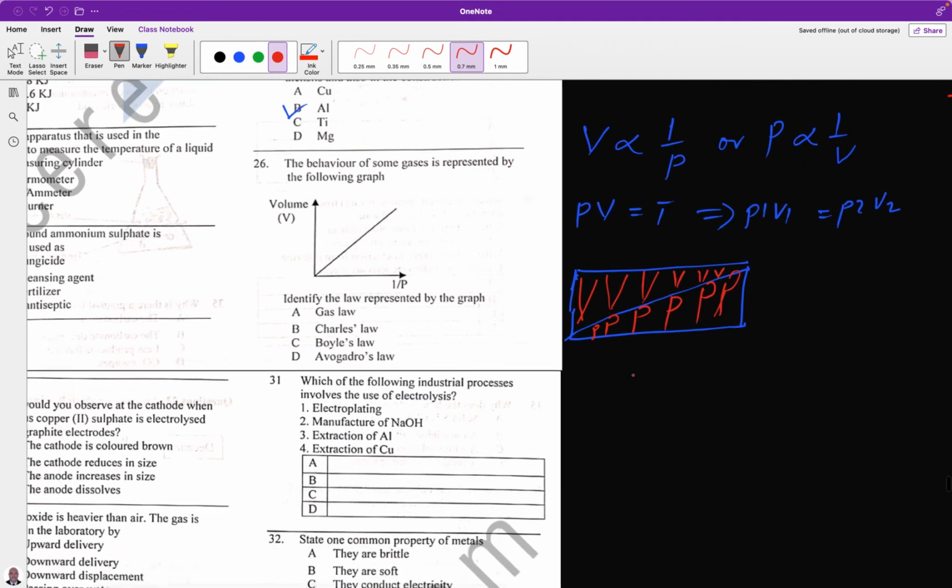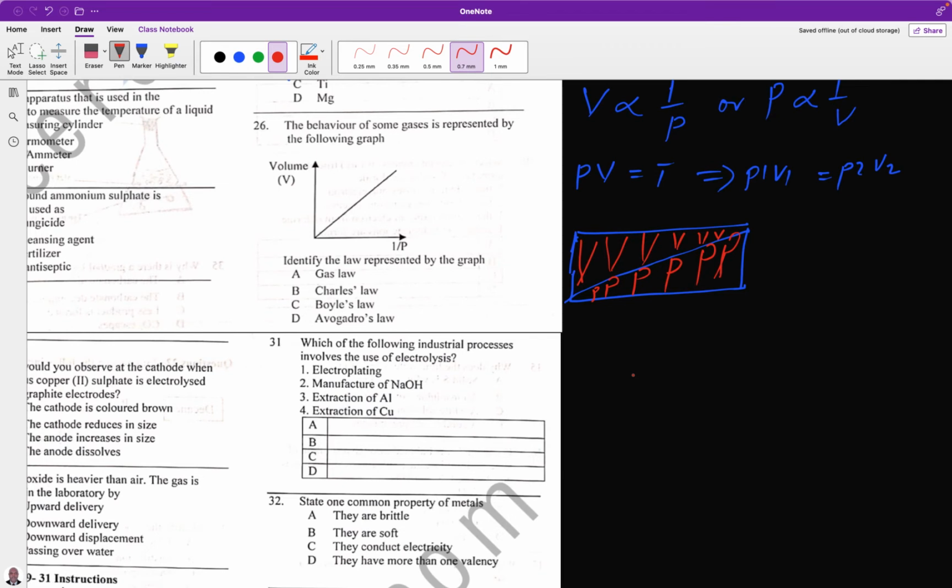For the purpose of revision, Charles' law is different. It states that the volume occupied by a fixed amount of gas is directly proportional to its absolute temperature, provided the pressure is constant. Charles' law is the opposite. V is directly proportional to T, so V1 over T1 equals V2 over T2.